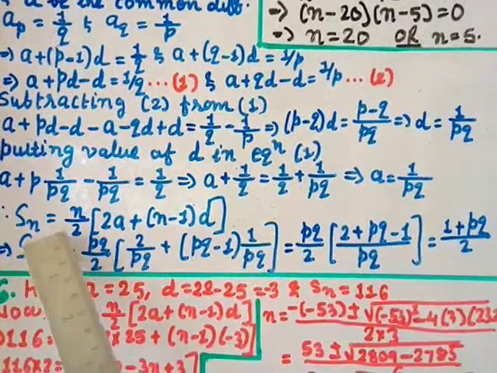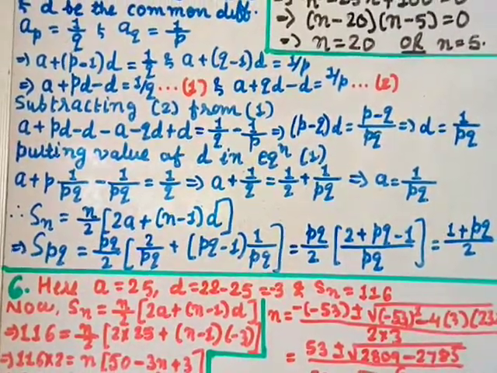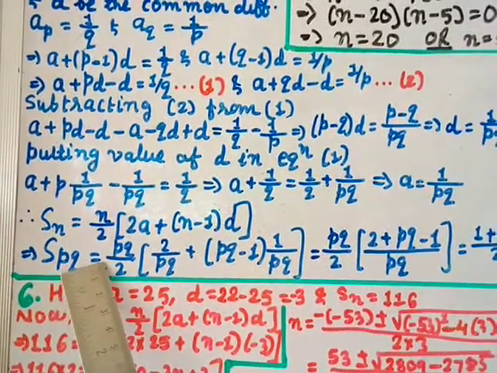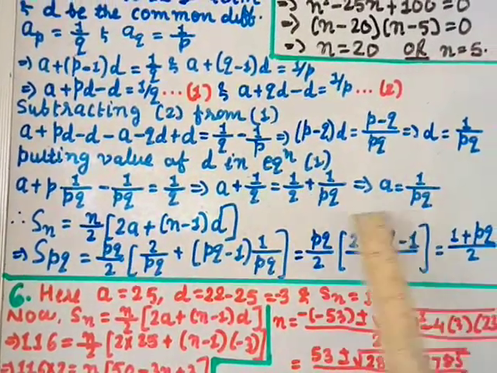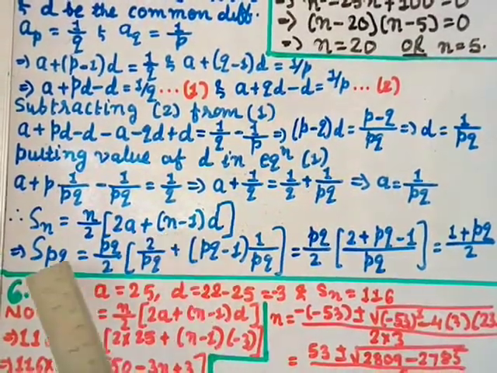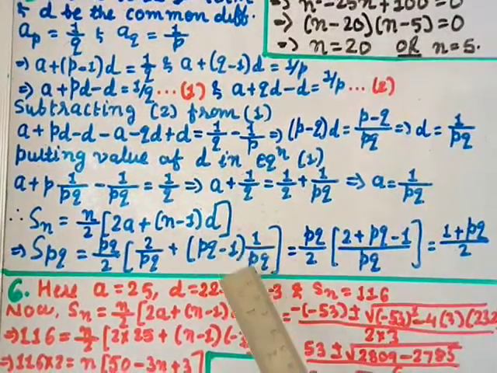Now the sum Sn equals n by 2 into (2a plus (n minus 1) into d), that is the formula. So S of pq equals, n is pq, so pq by 2, into (2 into a, which is 1 by pq, so 2 by pq, plus (pq minus 1) into d, which we found is 1 by pq).